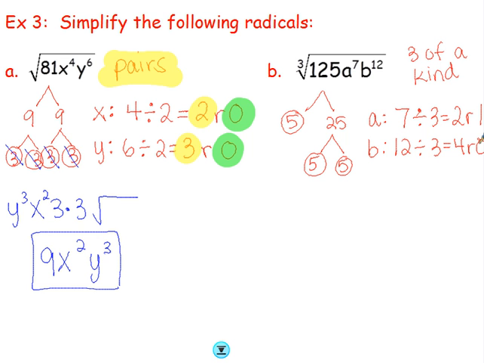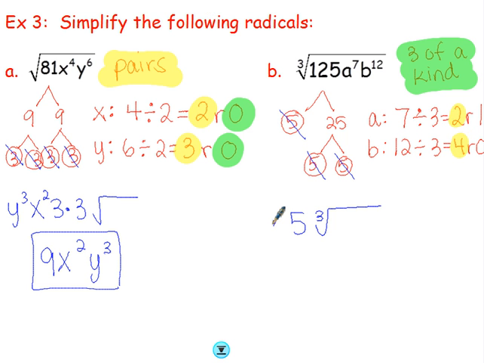So let's take a look at our problem. We are looking for 3 of a kind. So 5s. 1, 2, 3 5s. So outside of the cube root is 1 5. Let's look at the letters again. The 2 and the 4 tell us what is outside.